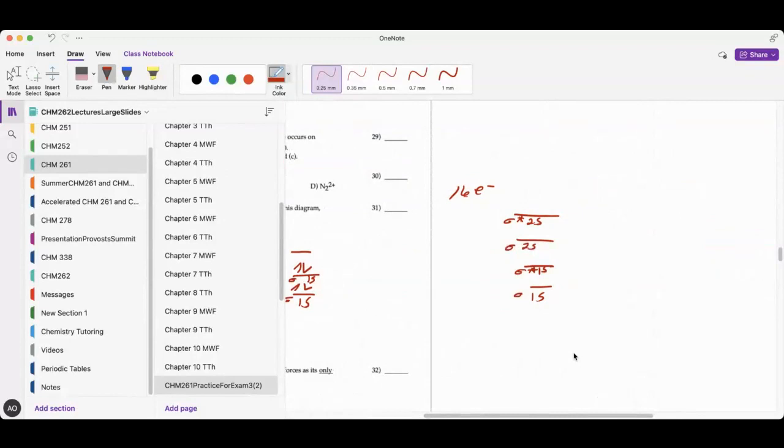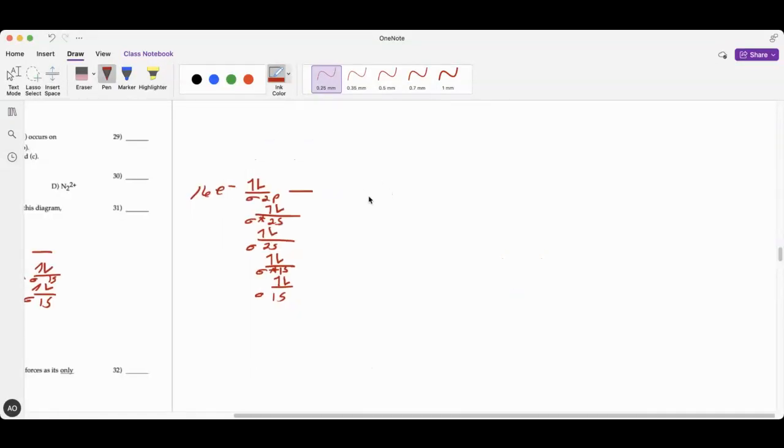Okay, and then I have the pi 2p orbitals. So let's go ahead and start filling. So we have 2, 4, 6, 8, 10, and then how many electrons?